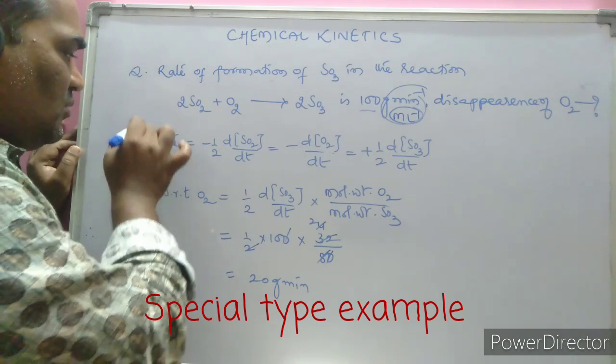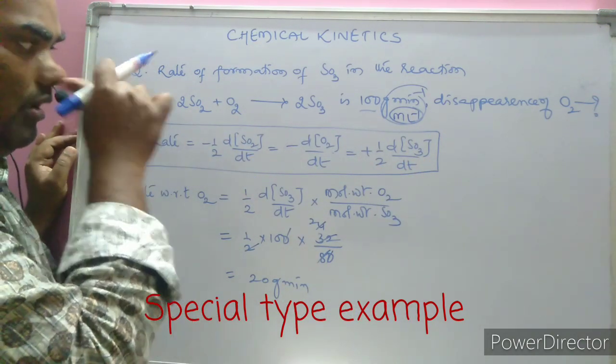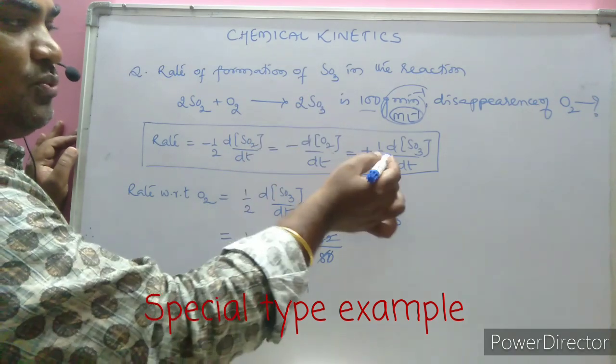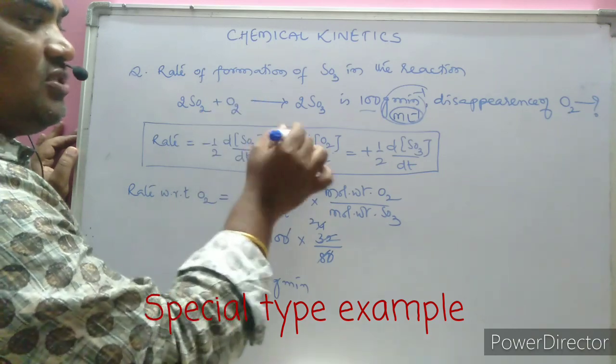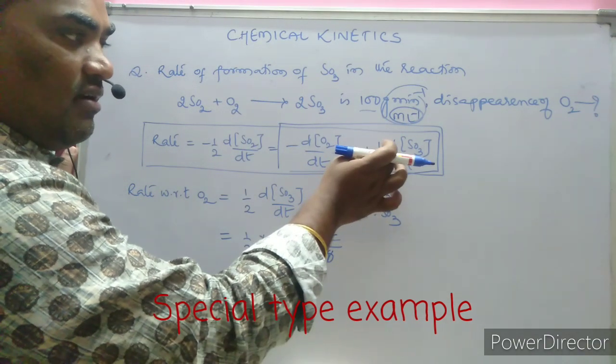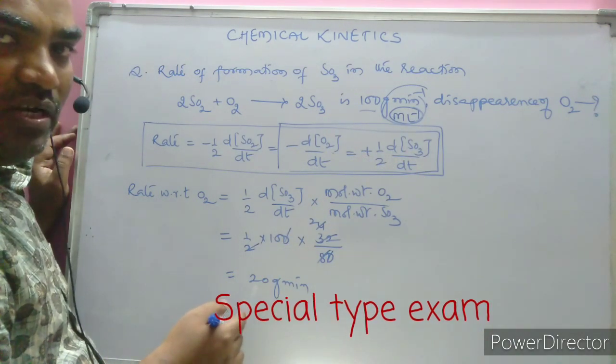If we use the usual expression of the rate that everyone is familiar with, the rate of formation of SO3 is given, and if I want to calculate the rate of disappearance of O2 like this, then what will come? Here the SO3 is given as 100 by 2, equal to 50, but the answer is 20.